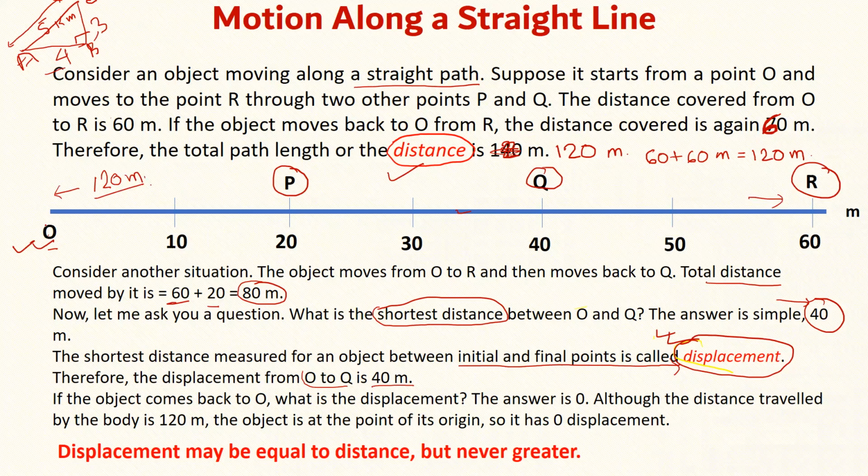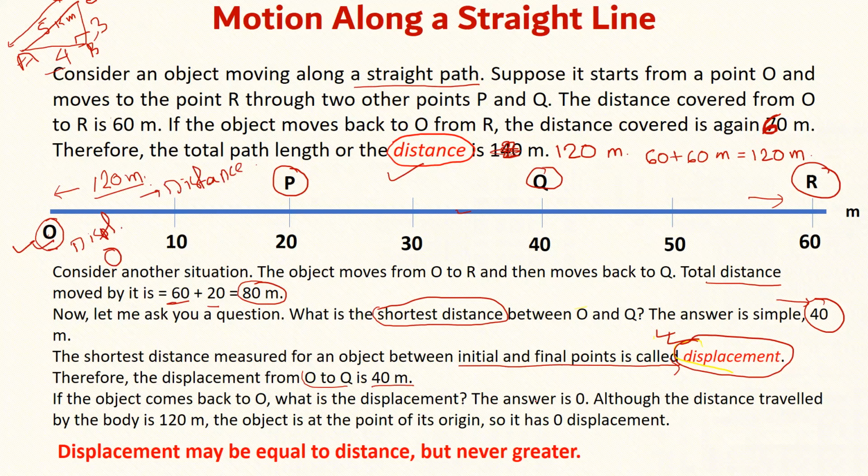Displacement means the object again comes back to the point O. Therefore, the displacement would be 0 because the object is at its point of origin. The object is at its point of start. So virtually the object is at its same position. Therefore, the displacement would be 0, where this 120 meters would be the distance covered by the object.